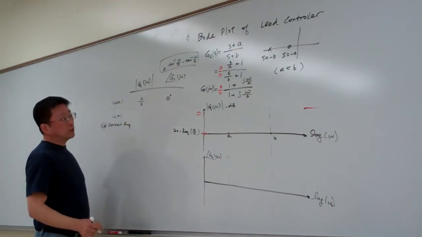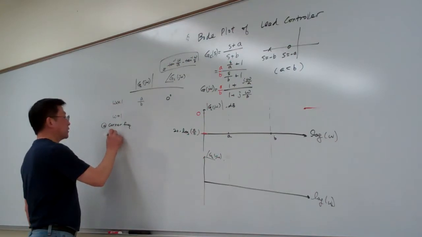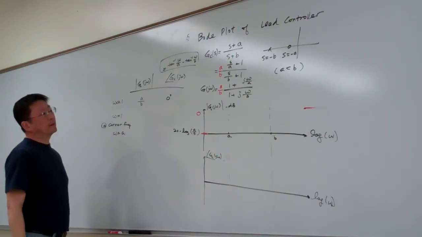And for this example, we have two features called the frequency. One is when omega equals A here, okay?